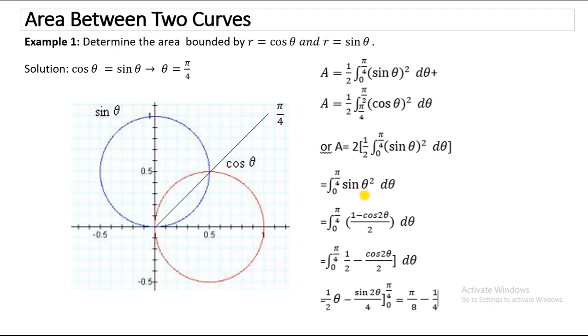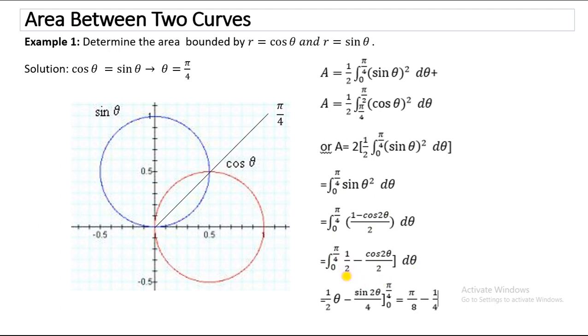I can't integrate this directly. I remove this and put 1 minus cosine 2 theta, because sine squared theta equals 1 minus cosine 2 theta over 2. Integrate from 0 until pi over 4 of half minus cosine 2 theta over 2.